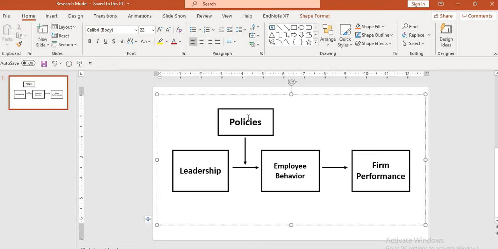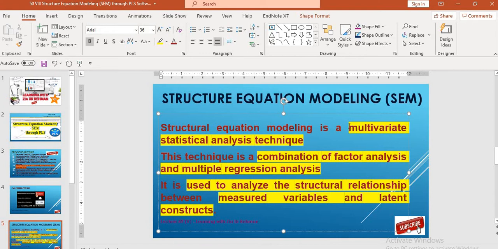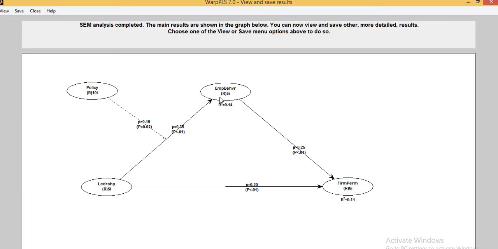This is a structure. So first, see the definition again. First you need to have a multivariate statistical analysis. It means that you must have more than one variable or more than one type of relationship.